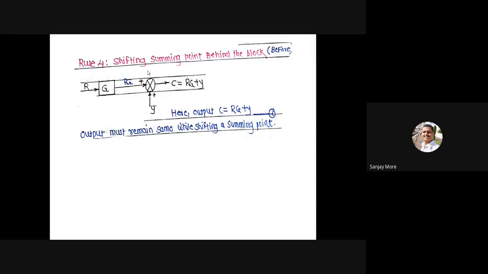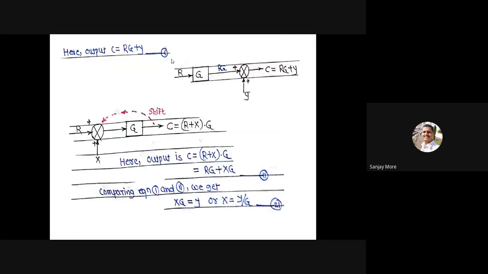Here the output is C equals RG plus Y. Okay, these are in series. Sorry, parallel. Therefore, R into G, RG plus Y. So the output is C equals RG plus Y. This diagram is the same.